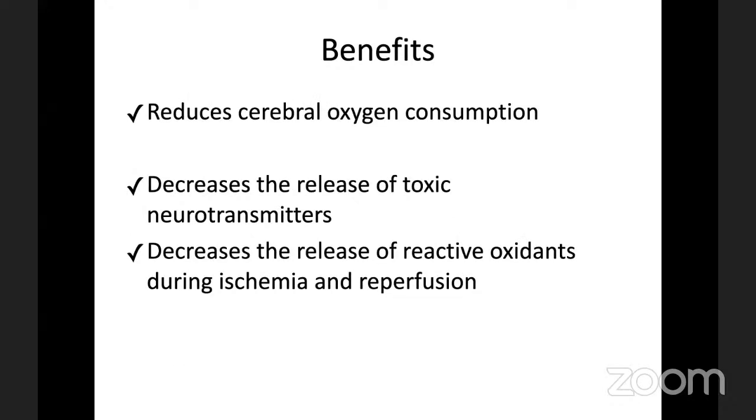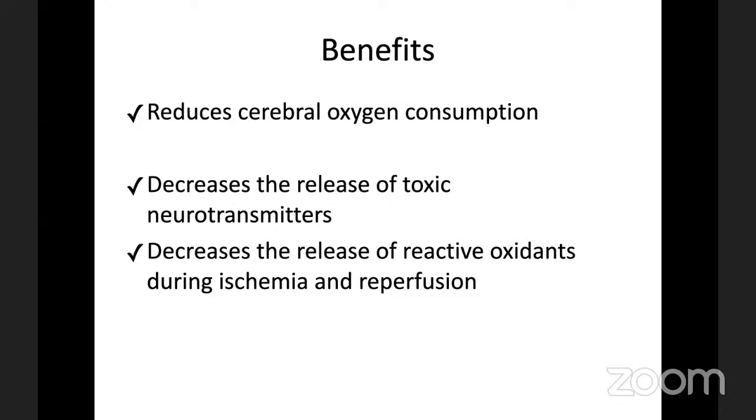The benefit of deep hypothermia is that you reduce the cerebral oxygen consumption. At 20 degrees, cerebral metabolism and oxygen consumption is about 20% of the normal, normothermic levels. There is a drop of 5% for each 1 degree drop in temperature. So the cerebral oxygen consumption decreases, and this is what we want so we can protect the brain.